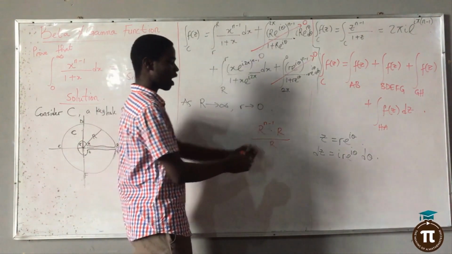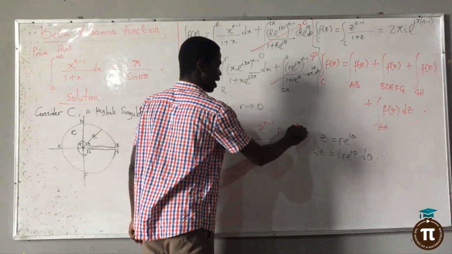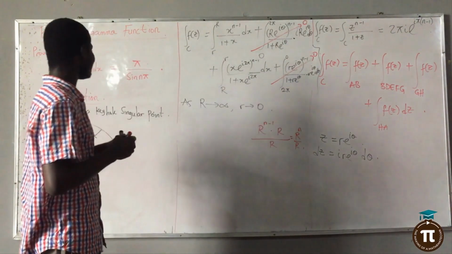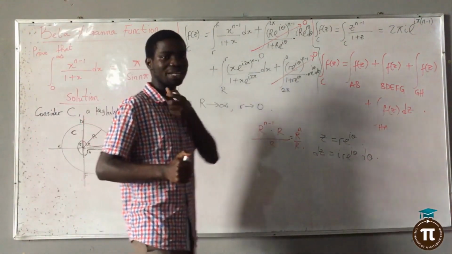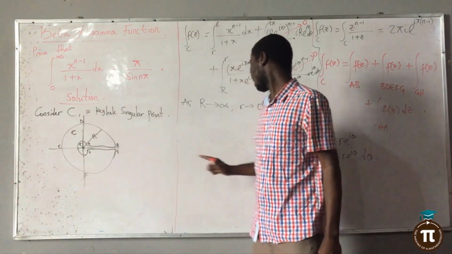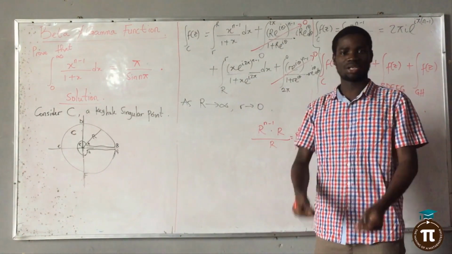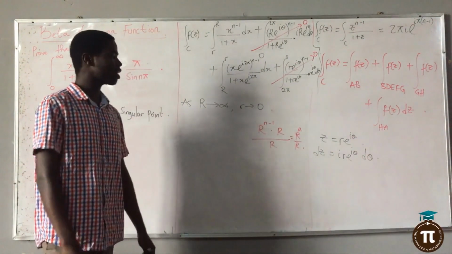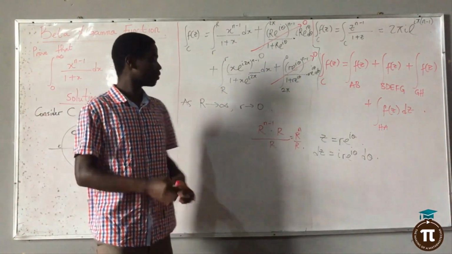So this is R raised to the power of n over R. But don't forget where we are coming from in this place. This n is less than 1. It's between 0 and 1.